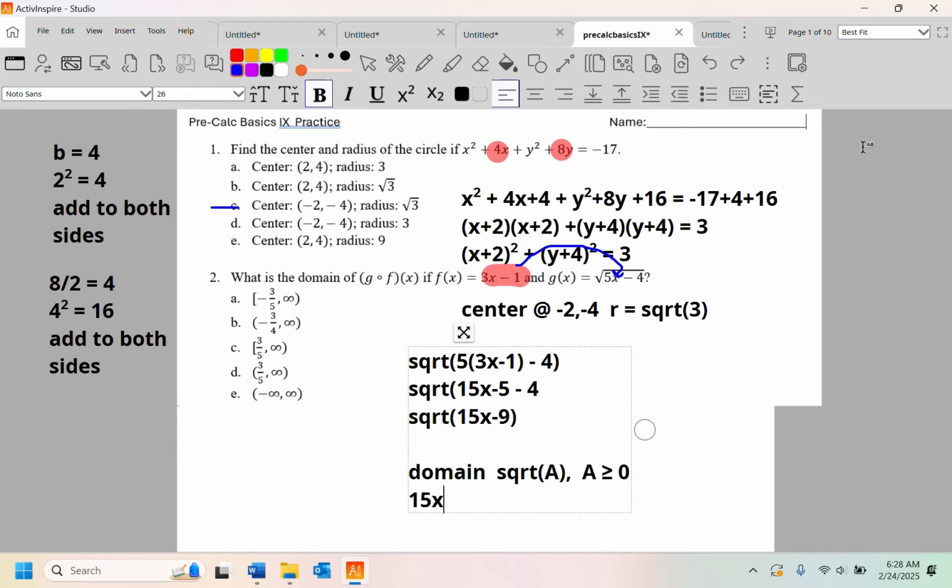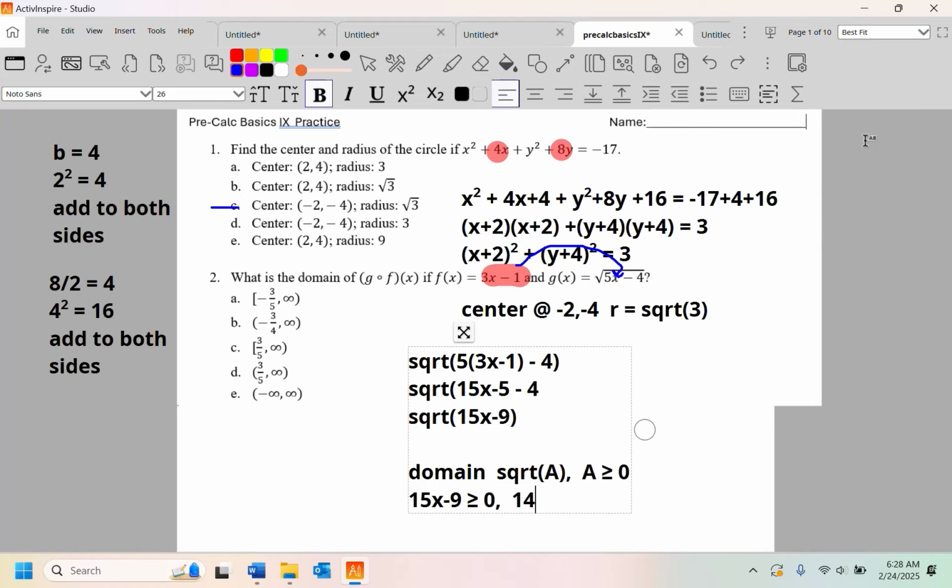So 15x minus 9 is greater than or equal to 0. This is ridiculous. I don't know why it takes so many tries to just get that symbol. You can clearly see that my cursor is on it. Was that try 4? There we go.